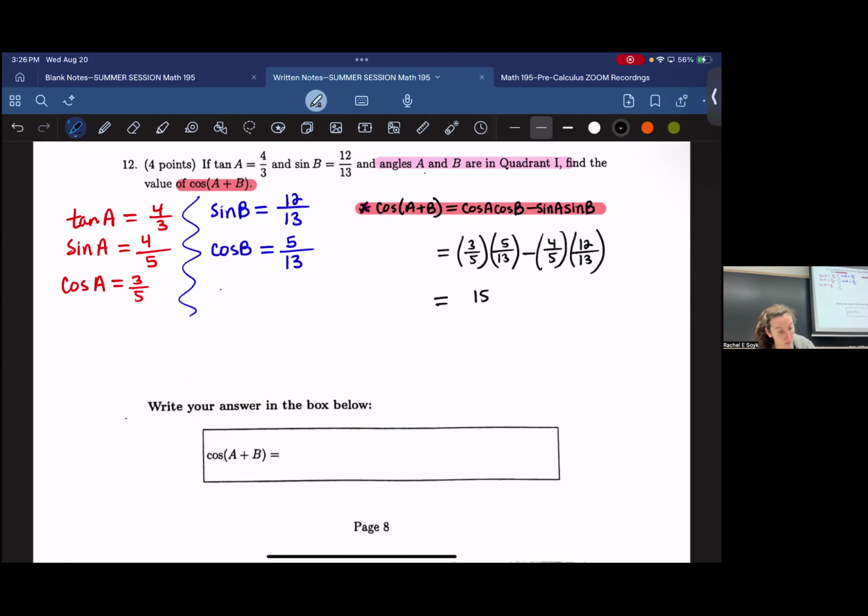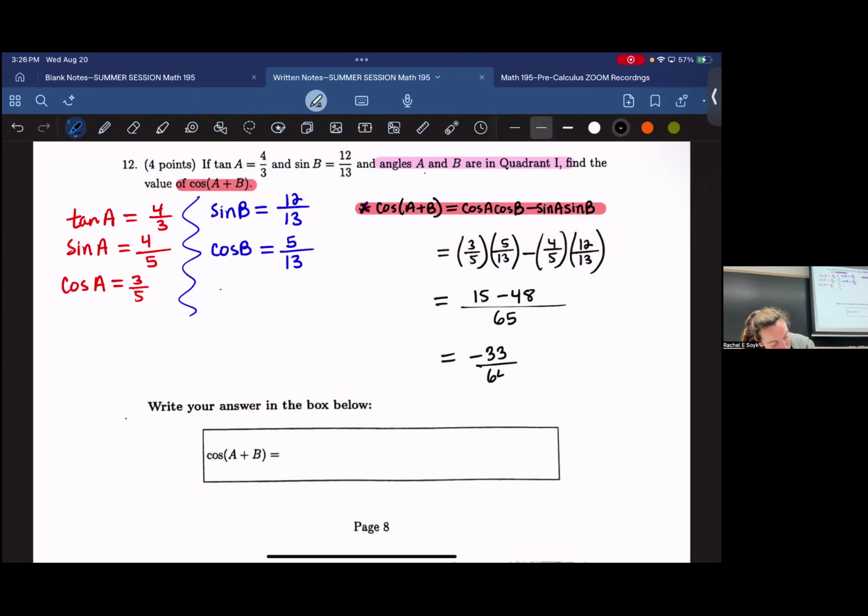We know the denominators in both cases are going to be the same, 5 times 13, which gives you 65. And then we have 3 times 5 is 15, and 4 times 12 is 48. So 15 minus 48. Our final result ends up becoming negative 33.